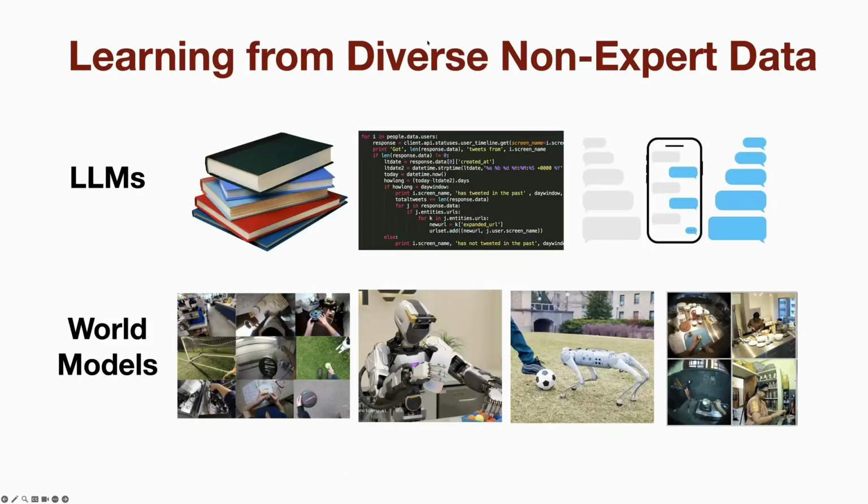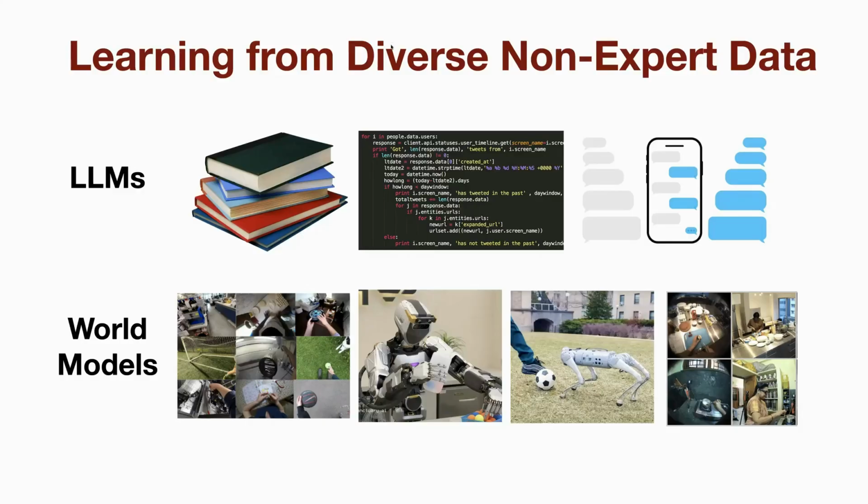And of course, LLMs can learn from diverse non-expert data. Whether that's good data or bad data, it should all be there in the pre-training. For example, good data from books and coding domains, or just random chat, if that's even allowed in pre-training, but possibly it's all being included right now.